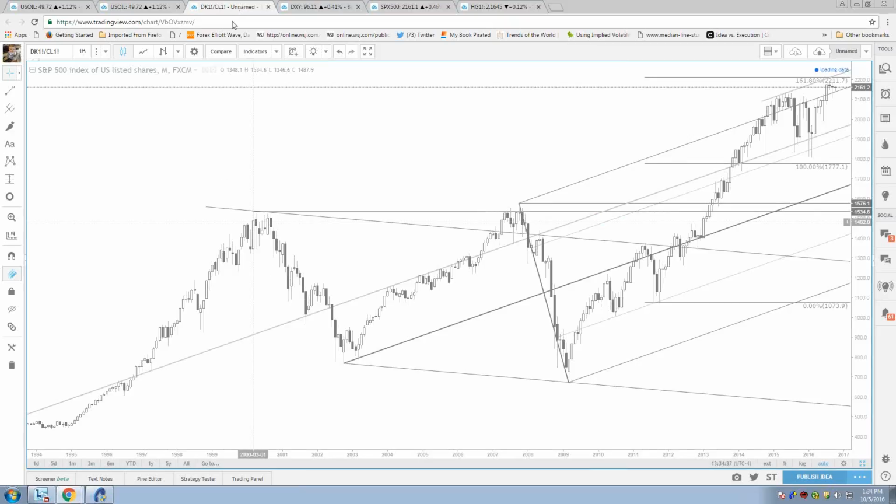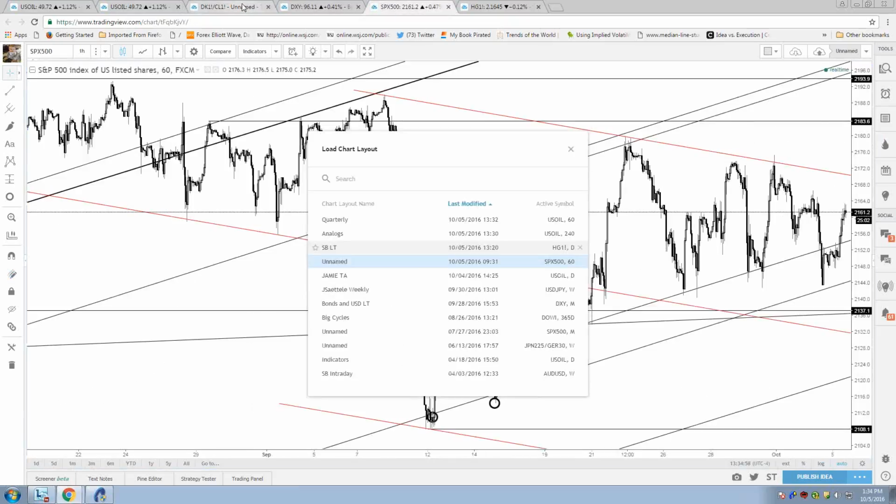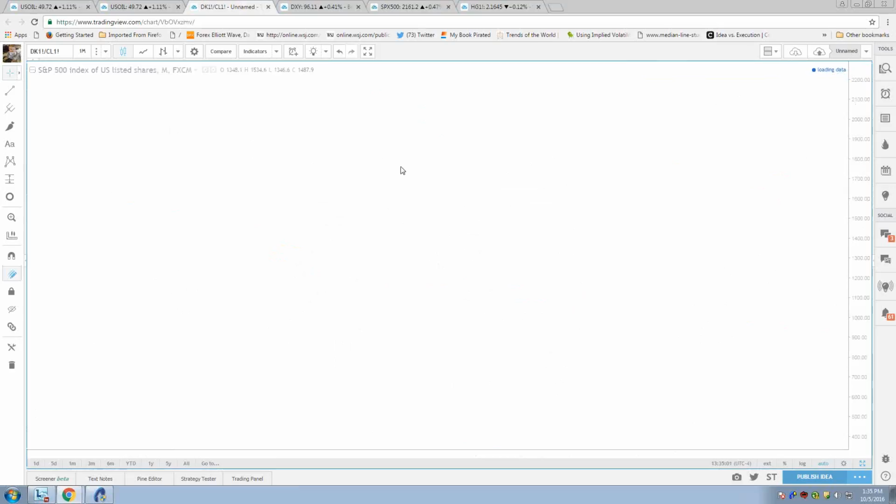If this thing ever comes up. Not sure what's taking so long. Loading data. Must have some sort of a slow computer right here. I don't know what's going on.